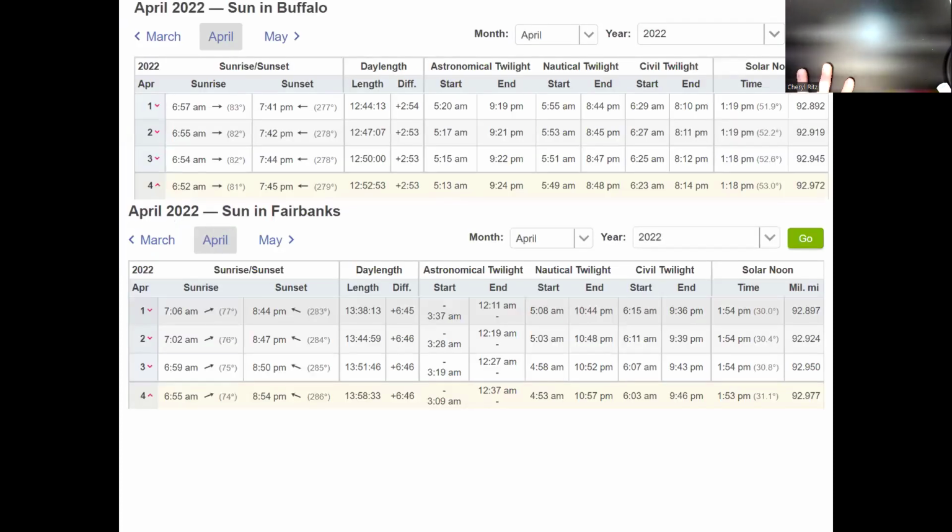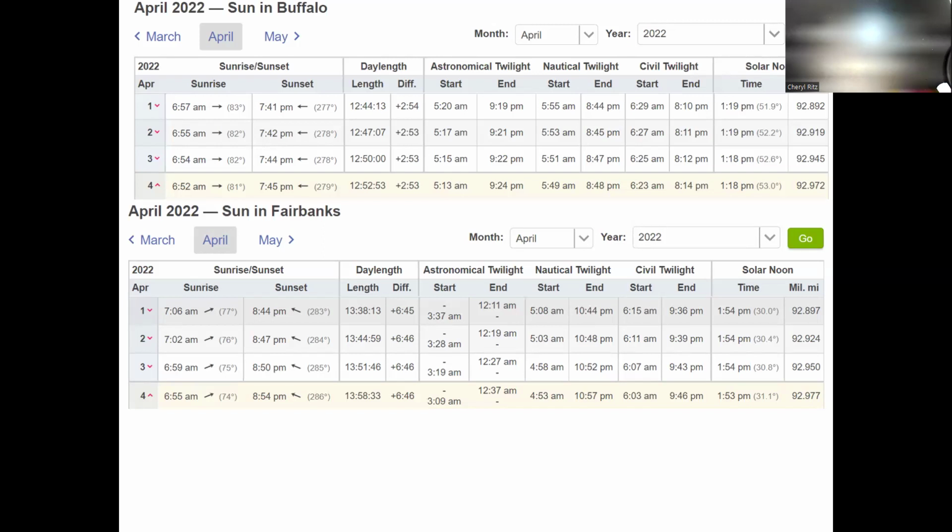Never mind, first I'm going to show you some actual data here. This was from a couple years ago, but I'm sure it's very similar. Back in 2022 on April 1st, this is in Buffalo and this is in Fairbanks, Alaska. April 1st in Buffalo, the sun would rise at 6:57 a.m., so pretty early, and would set at 7:41.